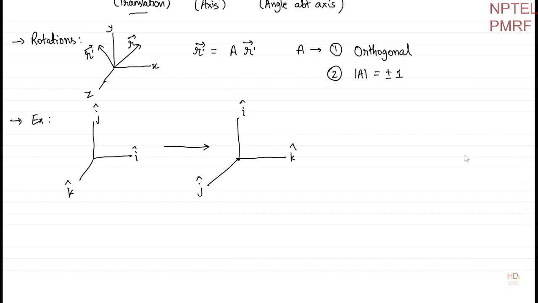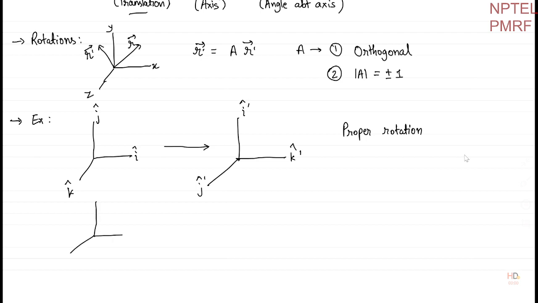So I have i, j, and k, and if I rotate this by 90 degrees and this by 90 degrees, you can imagine that you can actually do that, right? So these are called proper rotations, in which you can continuously move your axes to another set. So we can call this i prime, j prime, and k prime.